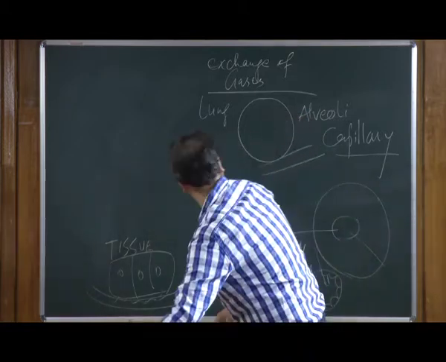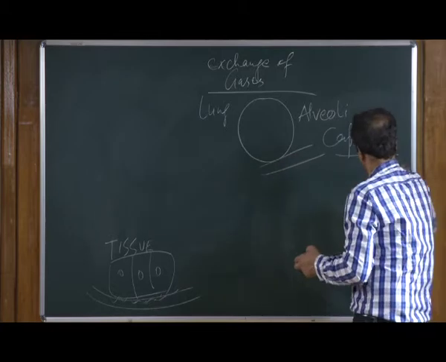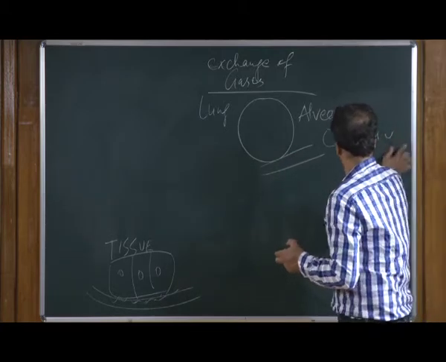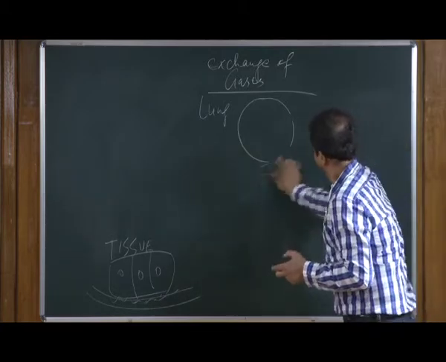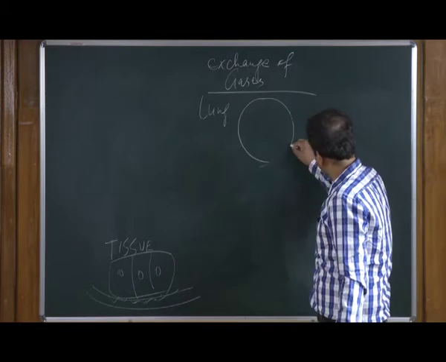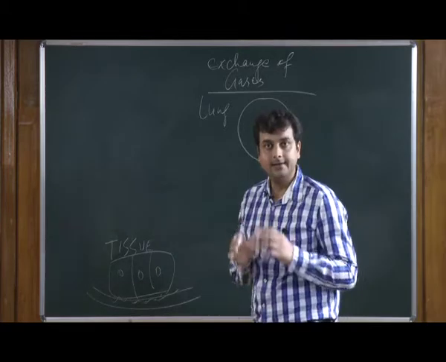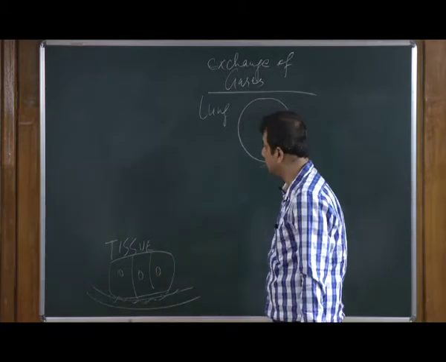Now we will see what is happening in this area. This is alveoli, and I just deleted it in order to give some space to the board and just to understand what is happening.